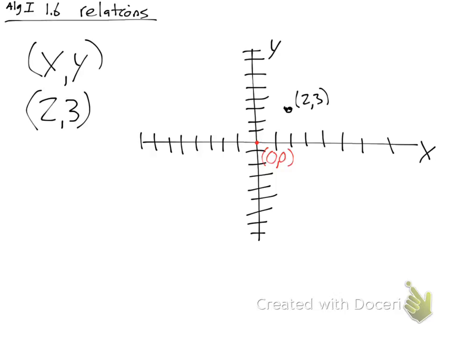The origin of the whole thing is in the middle. 0, 0 is the origin. Any other point is named 2, 3, -5, 6, all of that stuff.